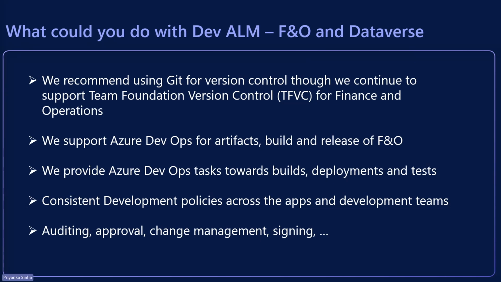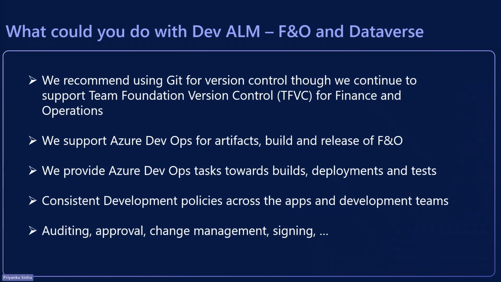Unified Dev ALM also enables working with artifacts and supports the entire cycle from build to release. We have tasks for various actions within a pipeline, such as building solutions, compiling, executing unit tests, creating deployable package, and more. This also facilitates building and deploying solutions through a continuous integration and deployment pipeline.